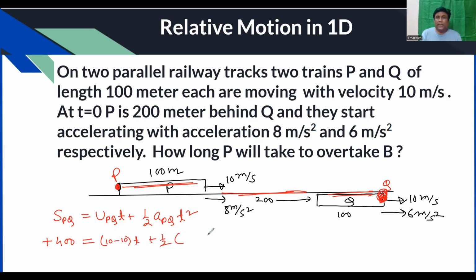Half AP is nothing but 8, AQ is nothing but 6, T square, okay? So that part is gone. So 400 equals half into 8 minus 6, which is 2, cut. So T square, so T will be 20 seconds, okay?